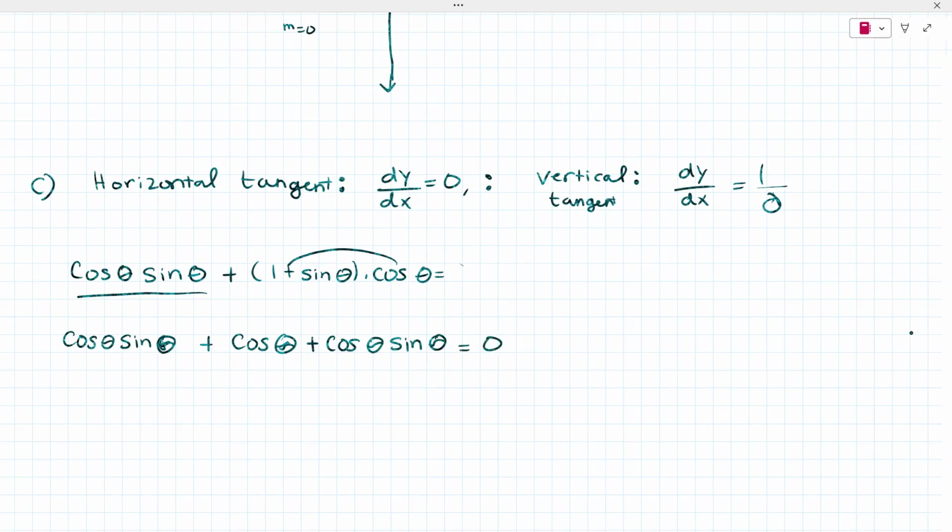If you clean this up a bit more, you get 2. And then over here, you can factor out the cosine theta.